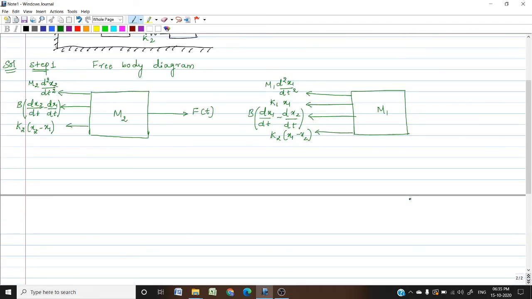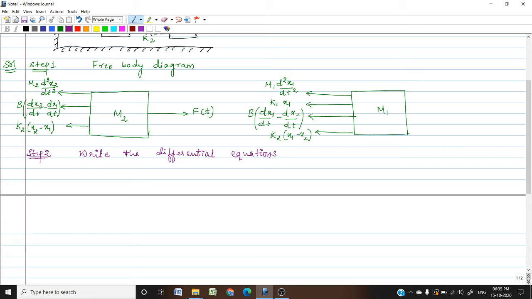So the next step is step number 2. Write the differential equations. Coming to the differential equations, first we will write the differential equation for mass M2.